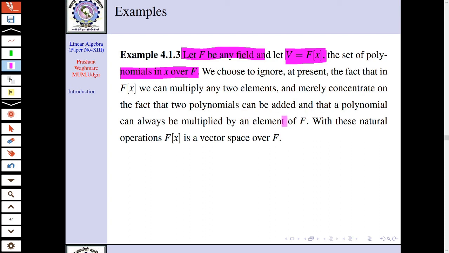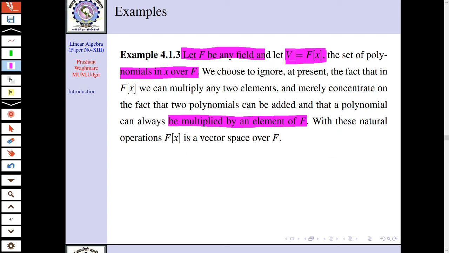That is the only thing you have to prove here. That means you can multiply an element of F, and the multiplication of an element of the field with an element of the vector space is defined by multiplying that scalar with each coefficient of a polynomial.